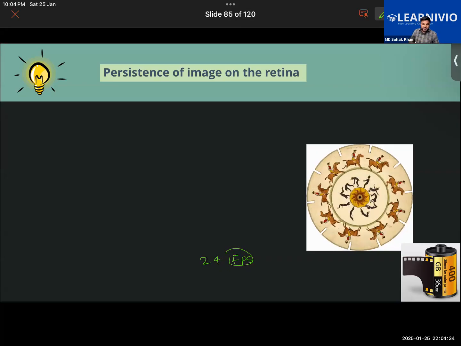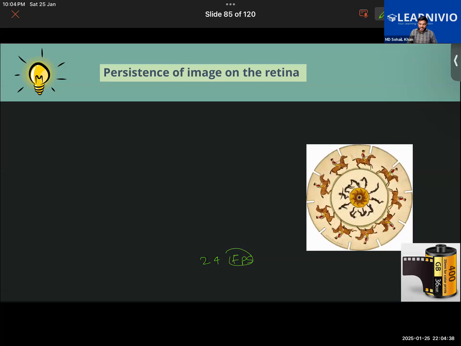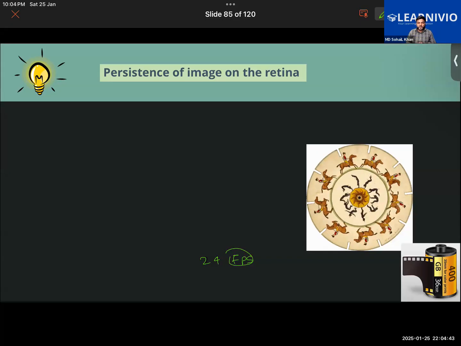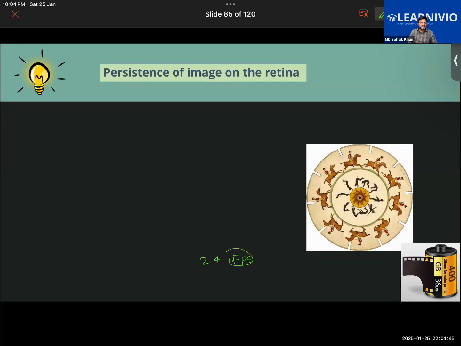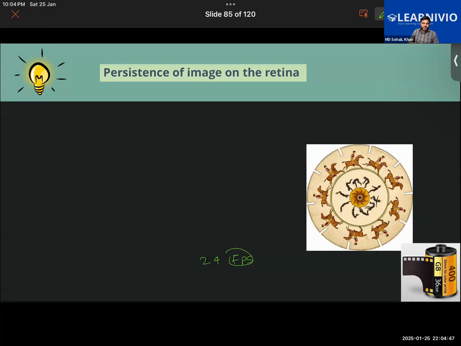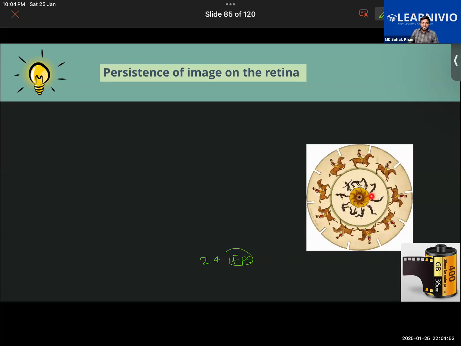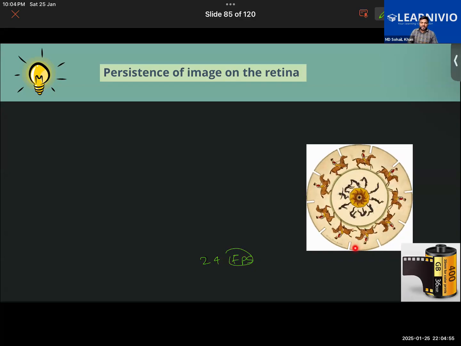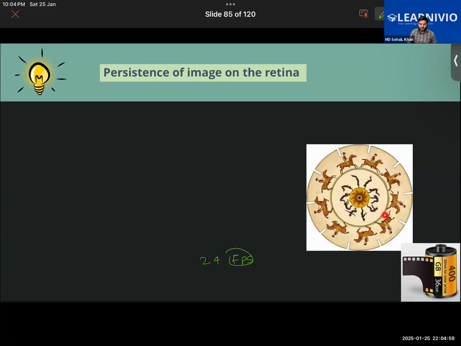So persistence of vision was the ability of the eye and the brain to retain the image for a very small period of time, about 1/16th of a second, right? So the brain interprets multiple stationary images as one, and it creates the illusion of motion. It will appear to the brain as if the images are moving, if they are made to rotate fast.